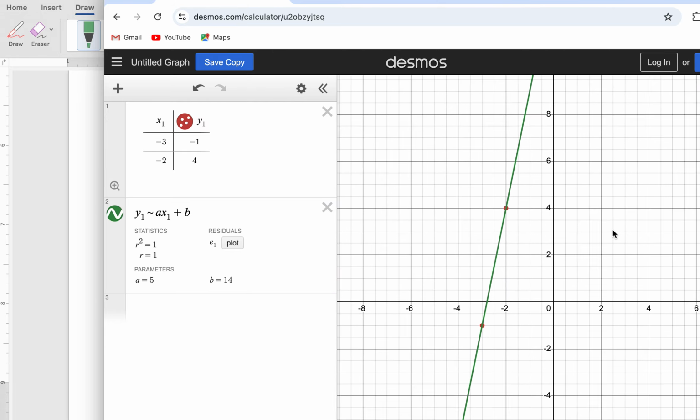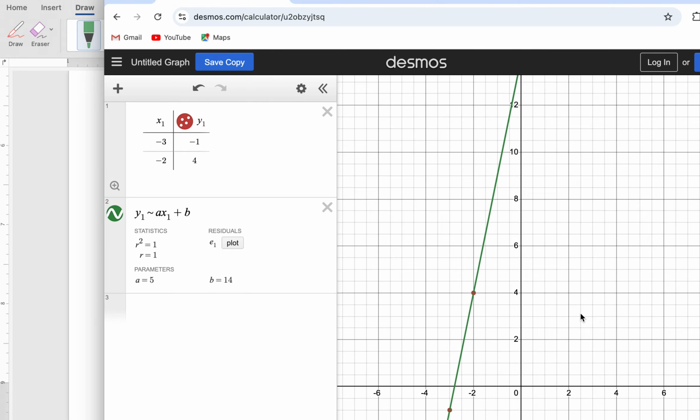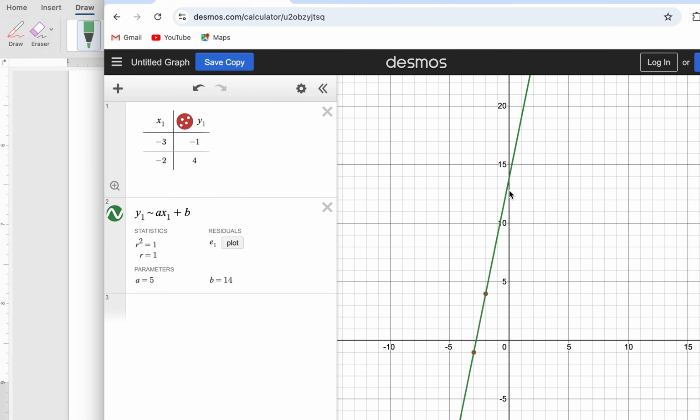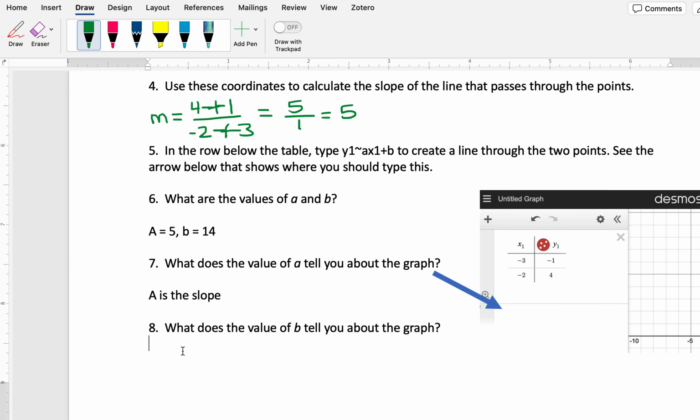And for me to see where that shows up on the graph, I'm going to move it and zoom out just a little bit. So I can see 14 is right here. That is the y-intercept of the graph. So the y-intercept is at 14. So B is the y-intercept.